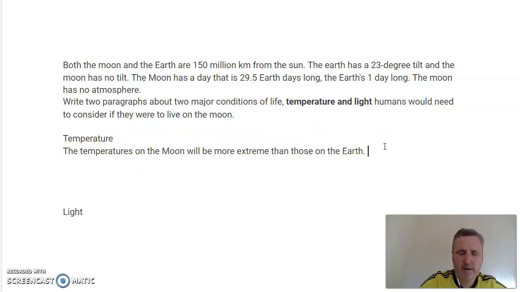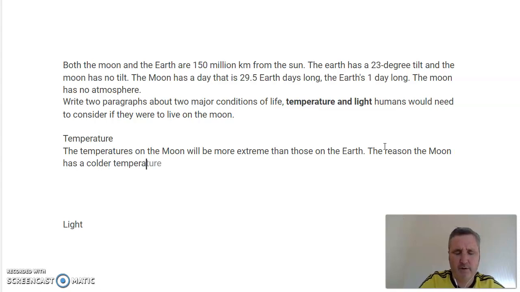So I'm going to say the reason the Moon has a colder temperature than the Earth is... Okay, so what's the reasoning here? I need to think about the factors that influence the temperature on the Earth and the Moon.